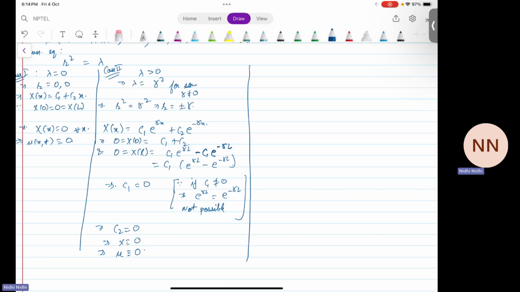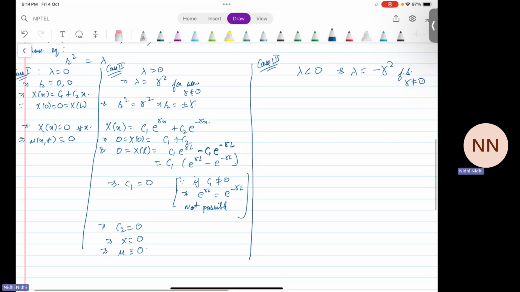In this case, hopefully we'll get some non-trivial solution. Case 3: when lambda is negative, that means lambda is equal to minus gamma square for some gamma non-zero. So from here we get r is equal to plus minus gamma iota, which implies x is equal to c1 cos gamma x plus c2 sin gamma x.